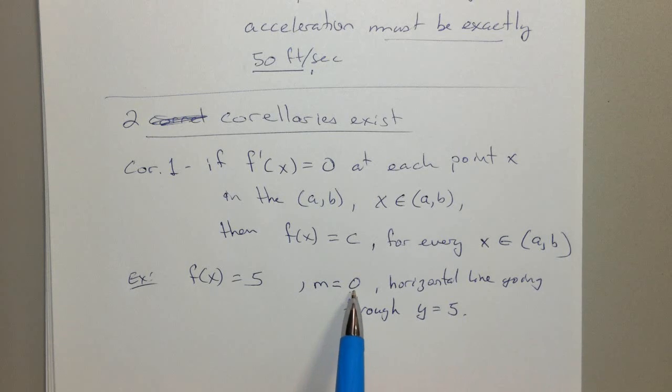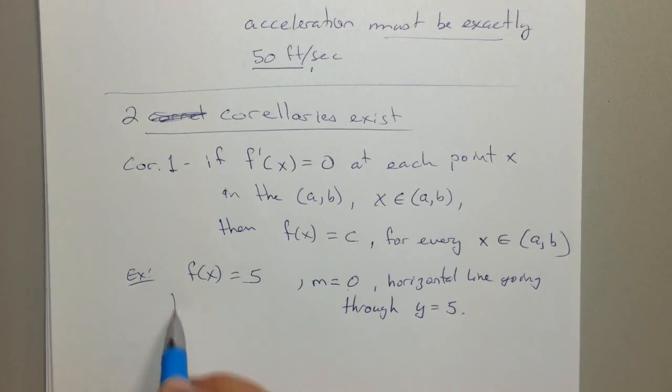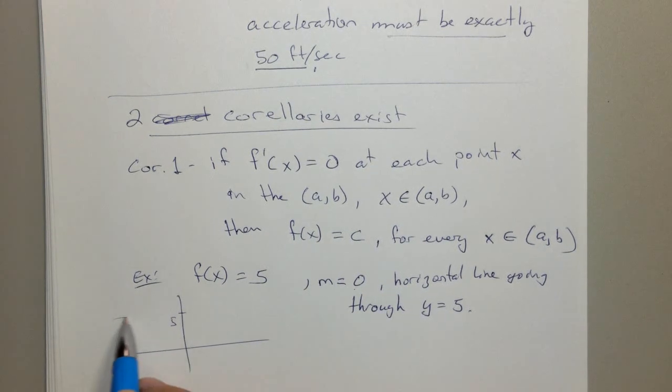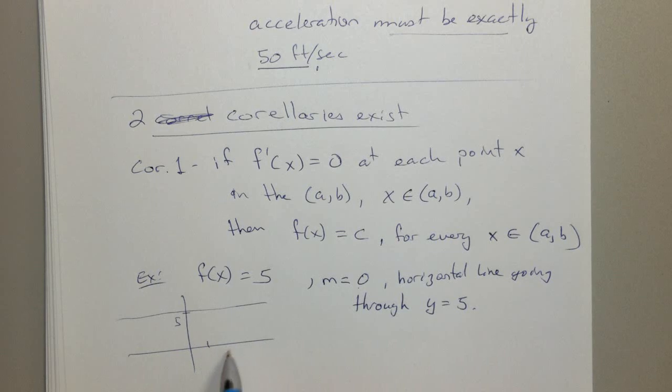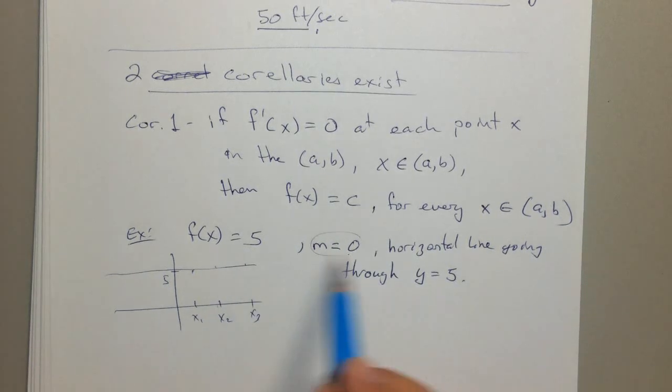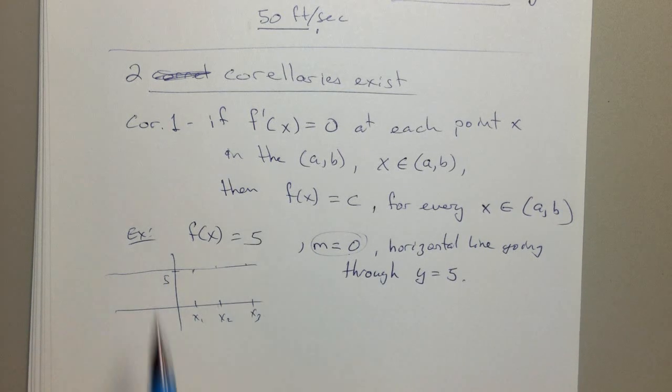Since the slope is equal to 0, no matter what x you give me, x1, x2, x3, the slope of this curve at those points is always going to be 0. And that's what the first corollary says.